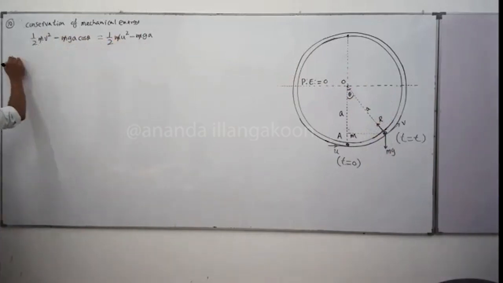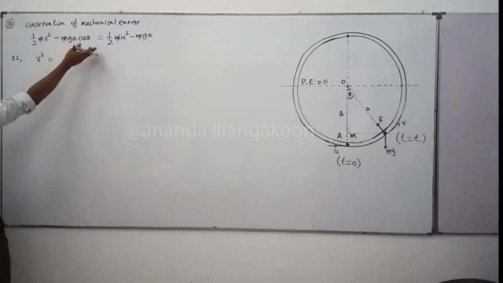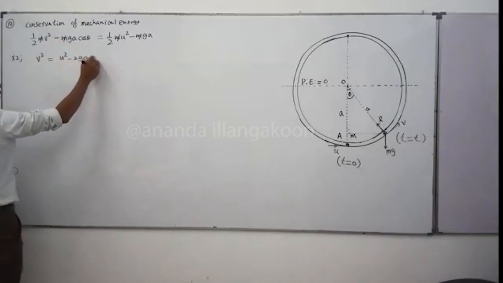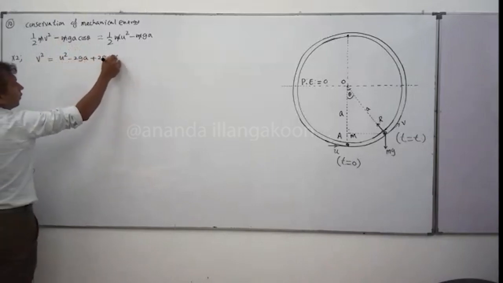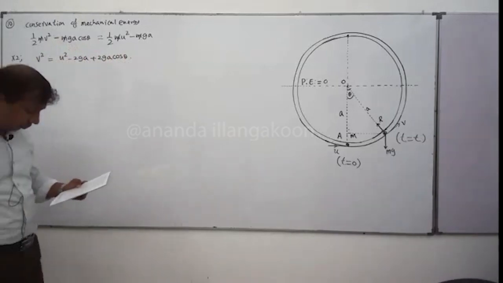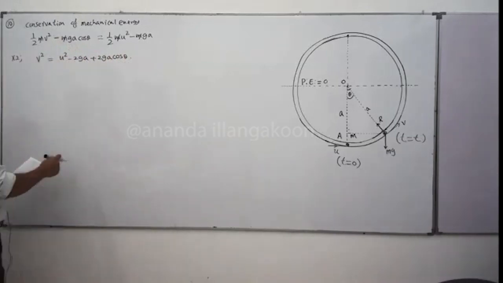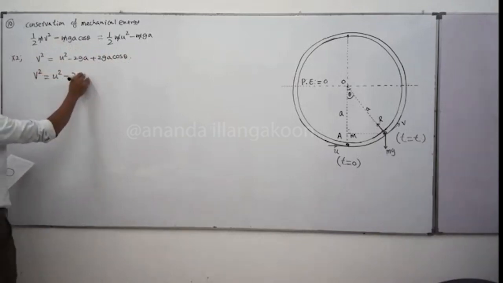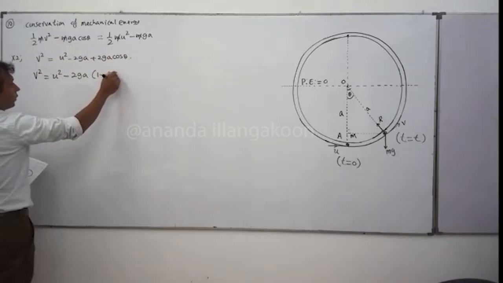Multiplied by 2 and bringing to the right hand side: v squared equals u squared minus 2ga plus 2ga cos theta. We can take minus 2ga out: u squared minus 2ga times (1 minus cos theta).